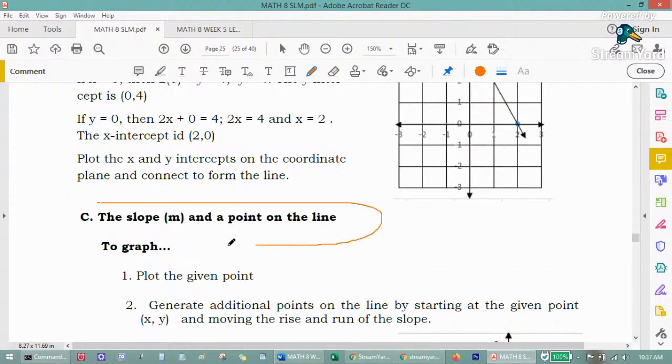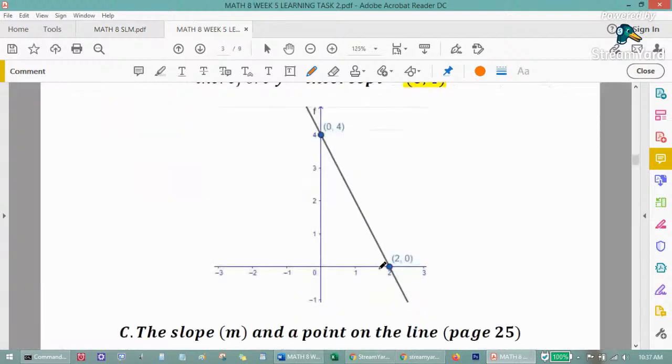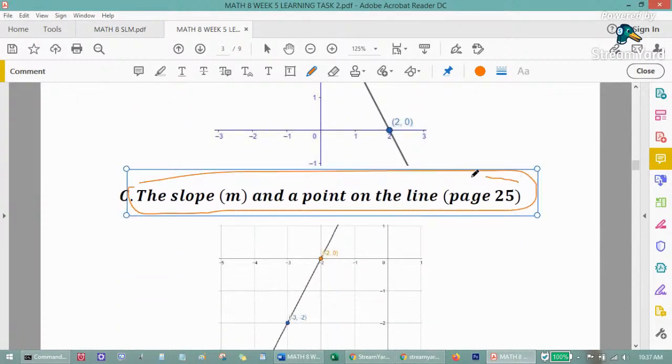And then letter C, slope and a point on the line. So, mayroon tayong example dito. Binigyan daw tayo ng slope, m is equal to 2. Kinopya ko lang dito, no? Sa page 25.